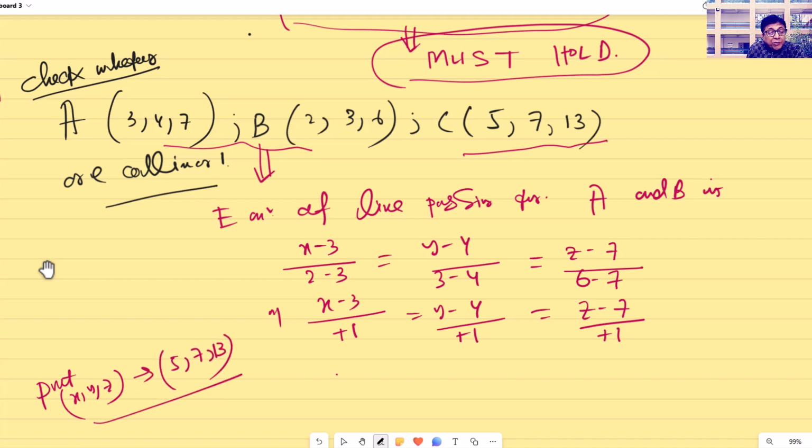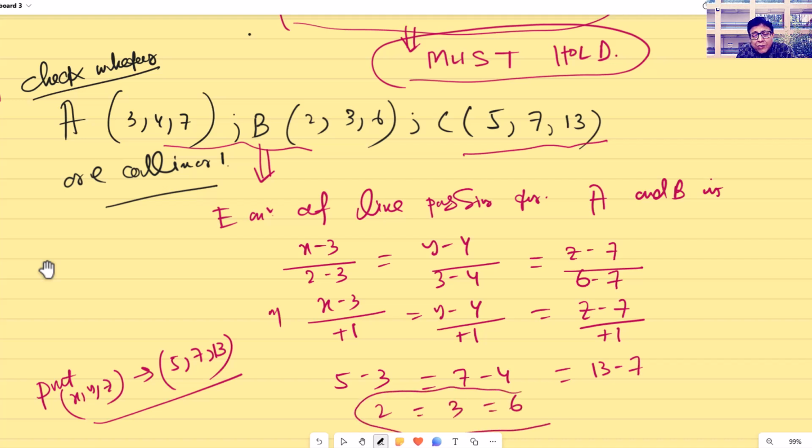This is going to be what? 5 minus 3, 7 minus 4, z is 13 minus 7. So you are getting 2 equal to 3 equal to 6. No, not possible. This is not equal, never equal. So the given points are not collinear.